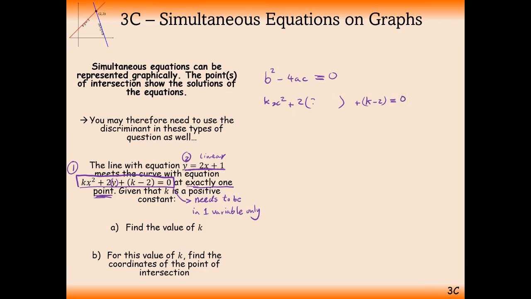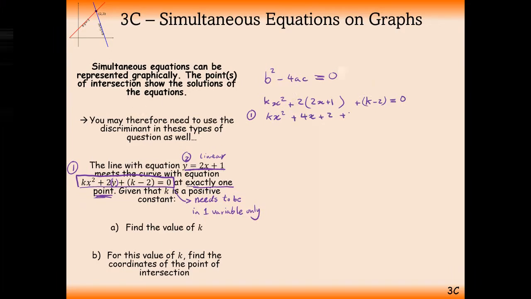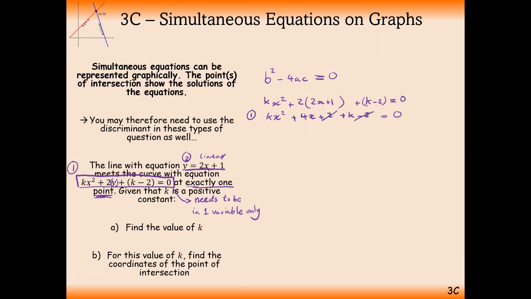I'm going to write 2x plus 1 where the y was originally. Now I'm going to expand the bracket and rewrite this equation. This is equation 1. So kx squared plus 4x plus 2 plus k minus 2. Now I'm going to drop that bracket because you see this cancellation. This plus 2 and minus 2 will cancel away anyway.